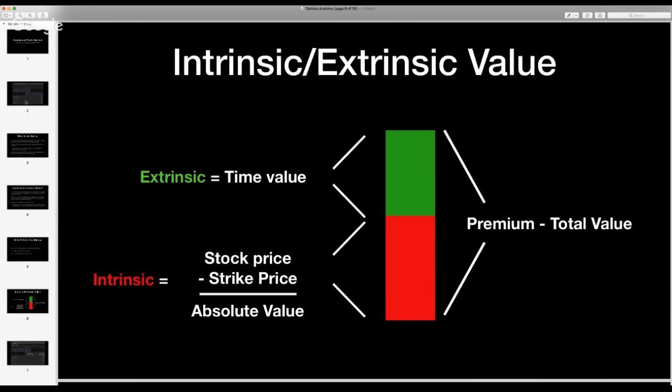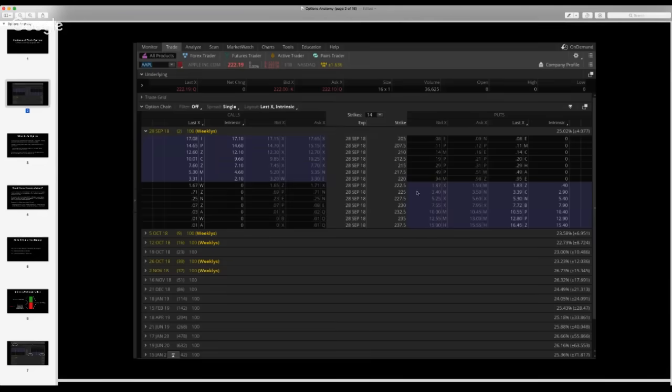So what does that mean? Let's go back here and find the intrinsic value of something. Let's take 225 as the strike price right there, and then subtract the actual price of the stock. Right now up here, the last price was 222.19. So if you took 225 and subtracted 222.19, you would get the value over here.